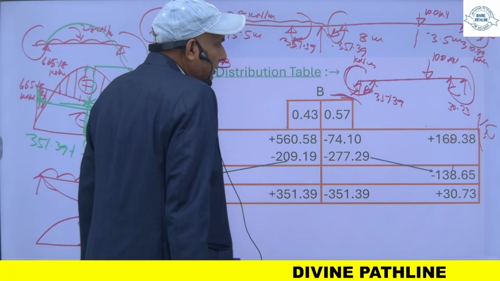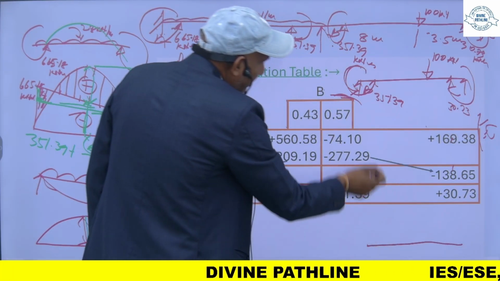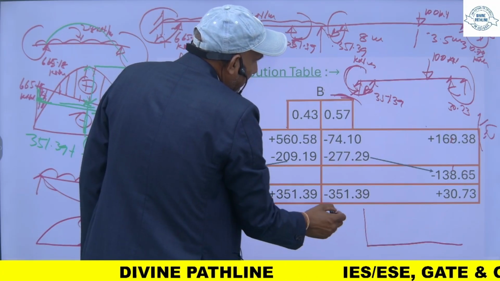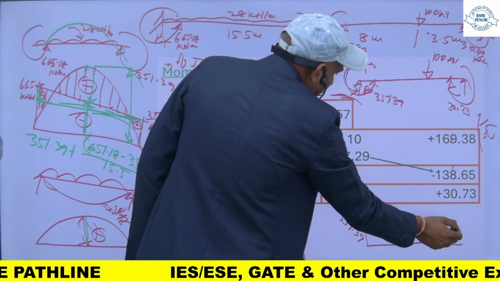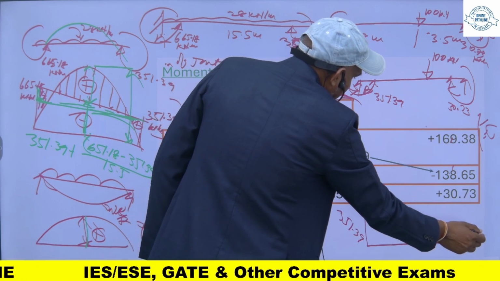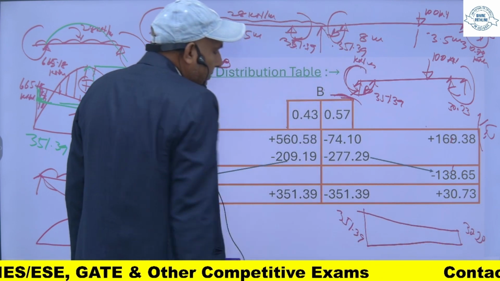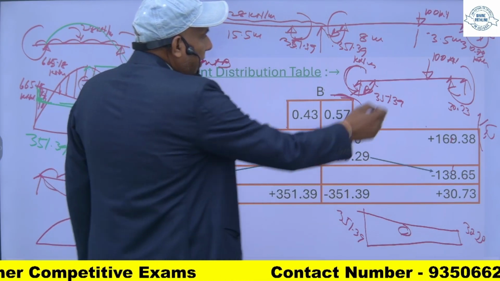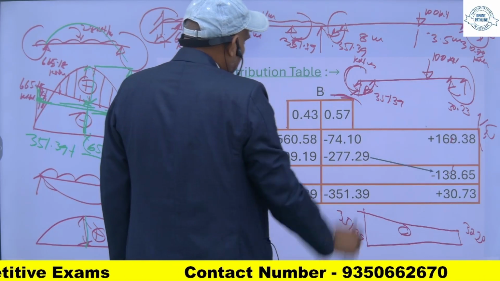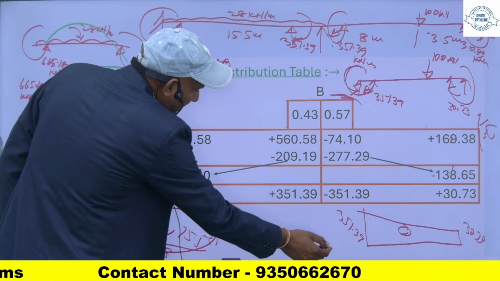So the bending moment will be like this: upward side 351.39 and this is 30.73. So this will be hogging, and the bending moment because of this point load, treating it as simply supported, will be like this.